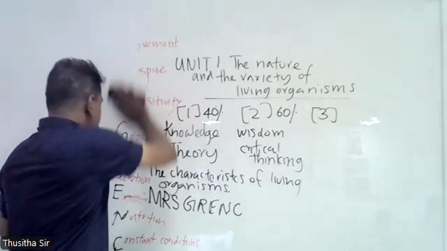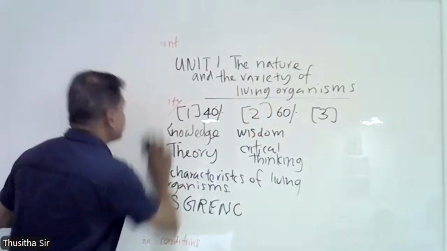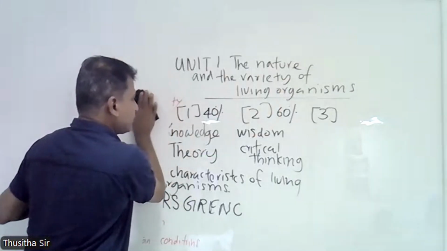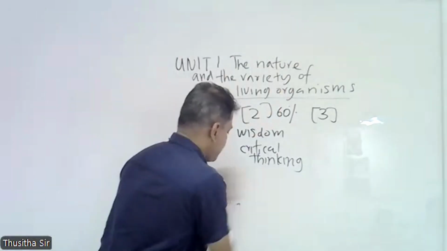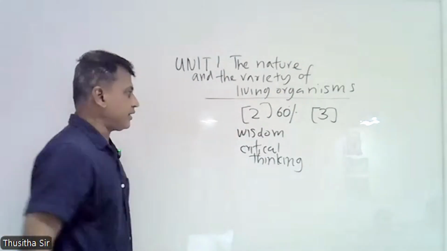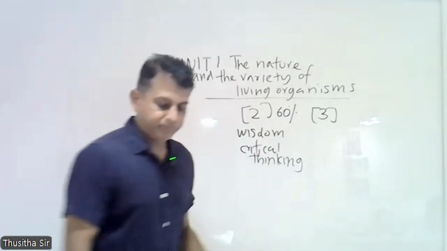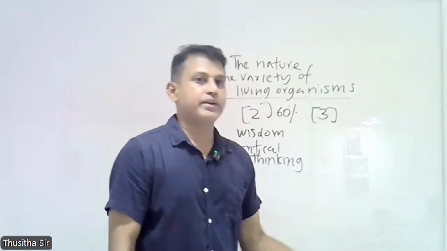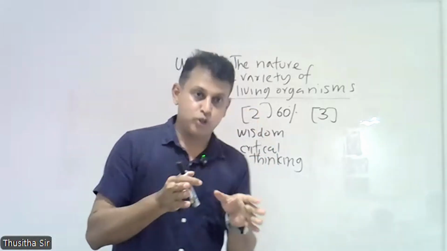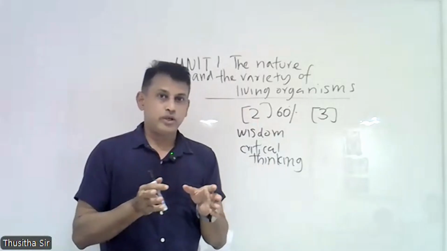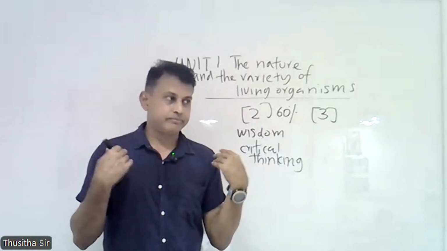So I'm going to delete this, and then I'm also going to delete the knowledge. Now we know what is the knowledge and the theory. Now we are at the second part, understand what is critical thinking. So critical thinking is like this. I give a question to you, so you provide me the answer.